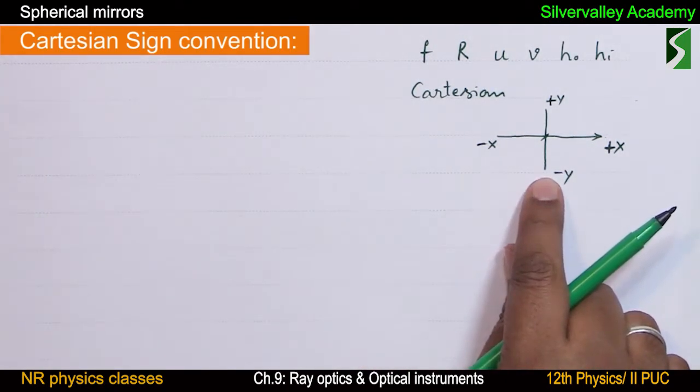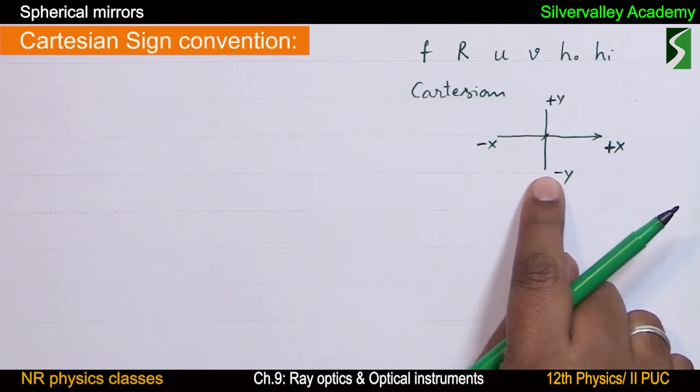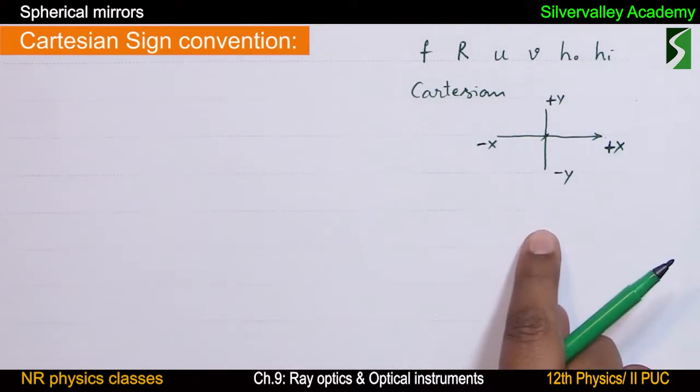Similarly, in ray optics with respect to spherical surfaces or spherical mirrors, the Cartesian sign convention is used.